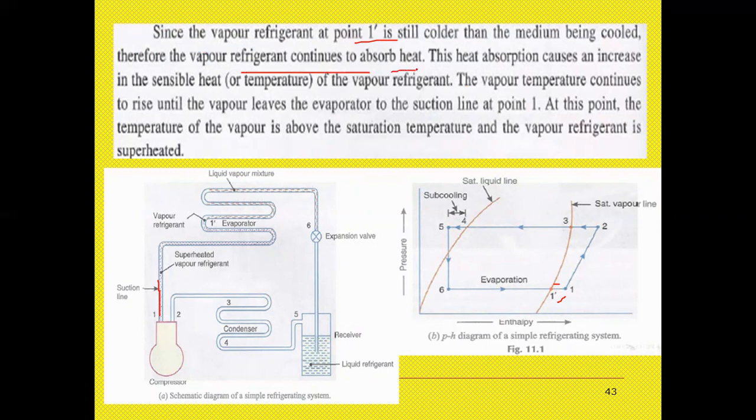The heat absorption causes an increase in the sensible heat of the vapor refrigerant. The vapor temperature continues to rise until the vapor leaves the evaporator to the suction line at point 1. Therefore, as the temperature is above the saturation temperature, the vapor refrigerant is superheated.